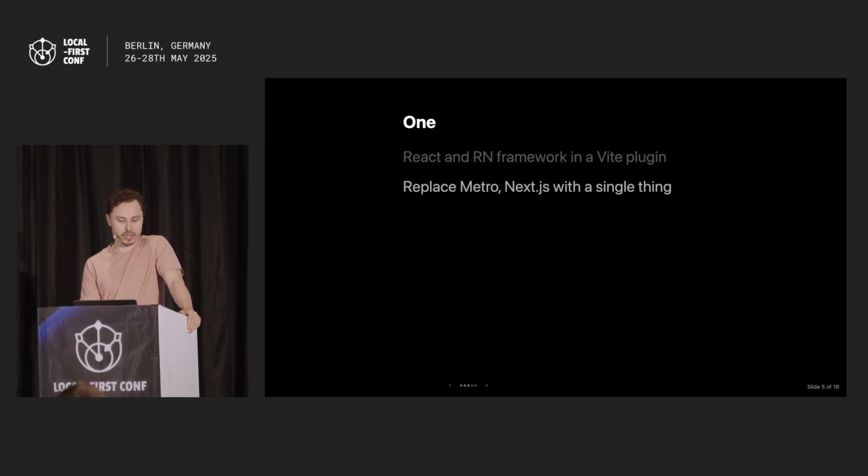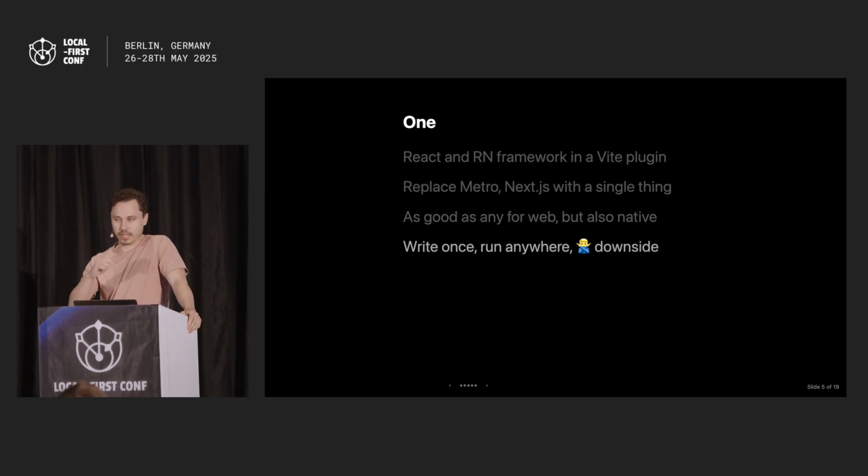And the idea is, again, it's trying to be as good as any framework for the web, but you can also do native stuff. So again, it's trying to make write once and run anywhere not have downsides. You can still diverge and do other things if you want to. You don't have to make it feel the same on every platform, but it makes it as easy as possible for the things that you do want to share across platforms.